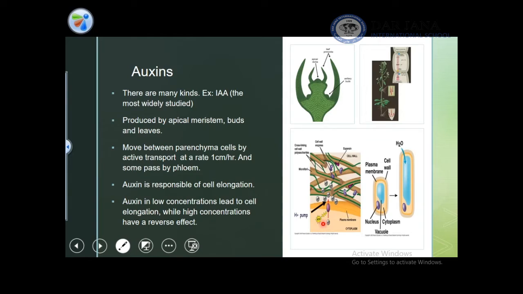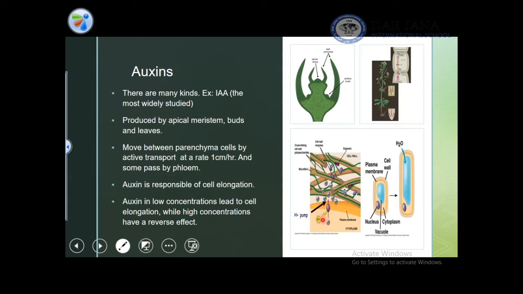Auxin available inside will allow ATP molecules to activate the H+ pump. When the hydrogen pump opens, hydrogen ions will start flowing from the cytoplasm to outside. While moving outside, hydrogen ions will start weakening the bonds between cellulose, and this will transform the stiff cell wall into a flexible cell wall.